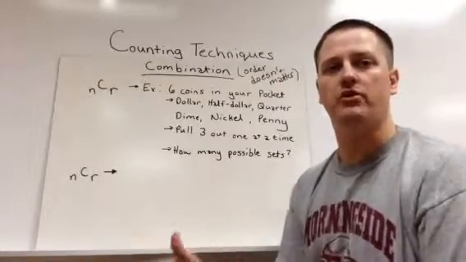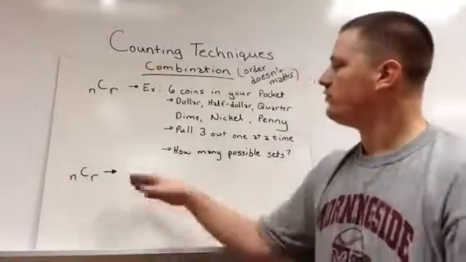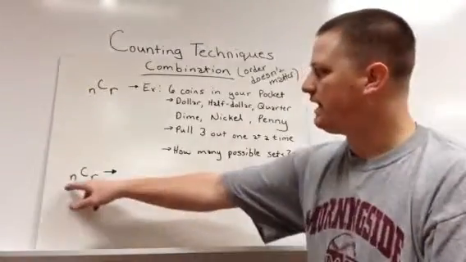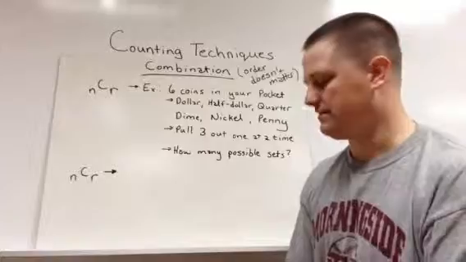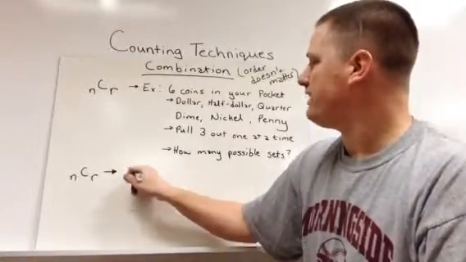So when you get the dollar doesn't matter as long as you get a dollar coin. So to do this one, again, our N and our R represent the same thing. So what we have is 6C3.